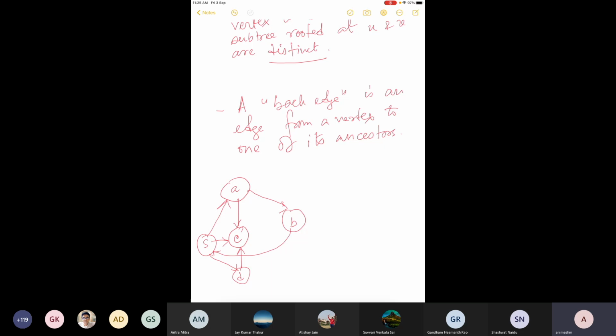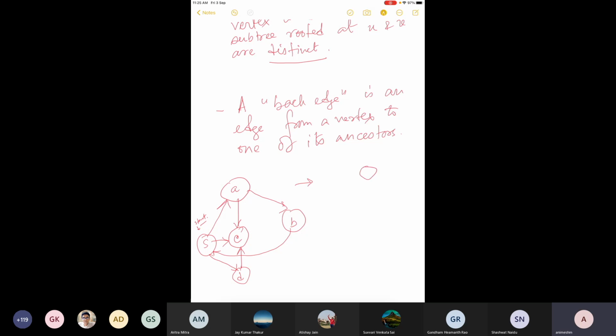So let's say this is a graph. Post DFS, you are starting from the node S. This is the start. You start from node S and you start visiting the different nodes in the graph. This is a directed graph.